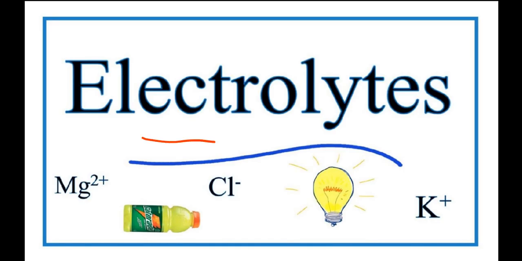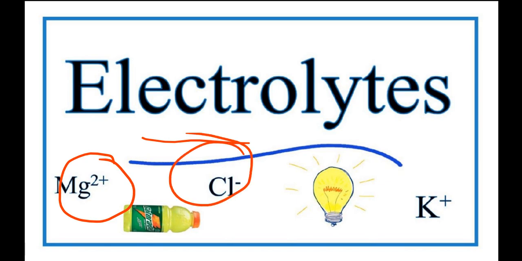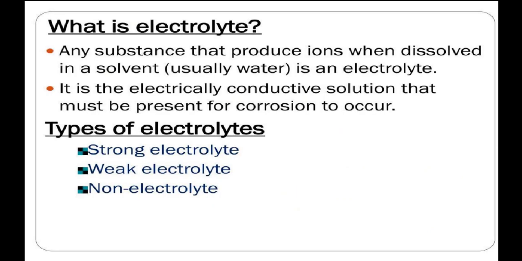Electrolytes are simply ions. You can see here magnesium, this is the chloride ion, this is potassium. So this is what electrolytes are. To answer the question, what is an electrolyte?